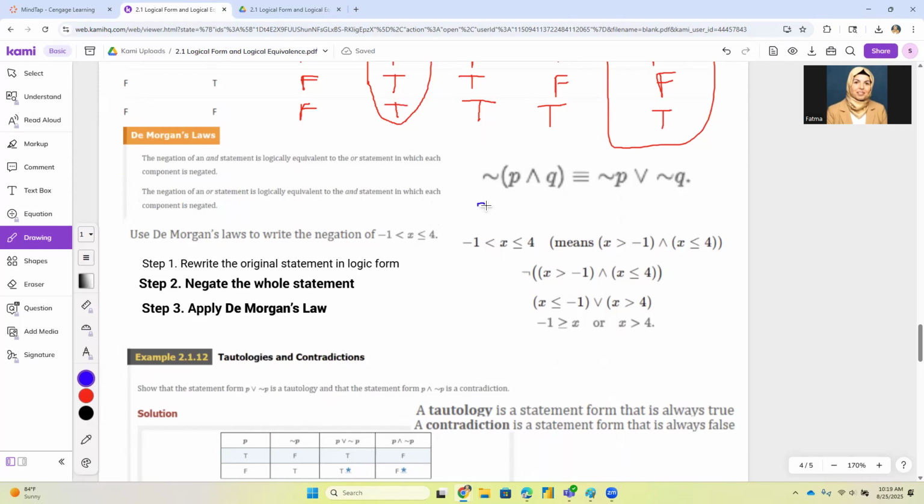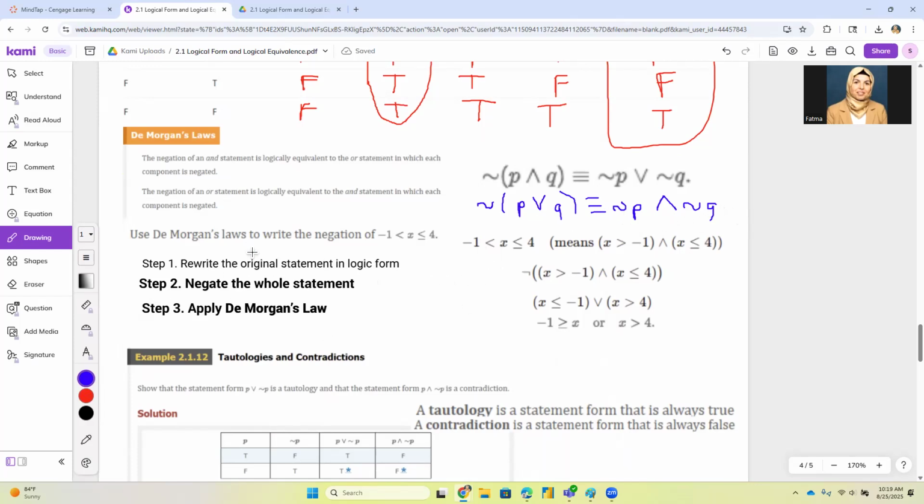When you are negating P or Q, this will be logically equivalent to not P, and we have to change the or statement to an and statement, and we have to change the Q statement to a not Q statement. So this is how we use De Morgan's laws for an or statement.